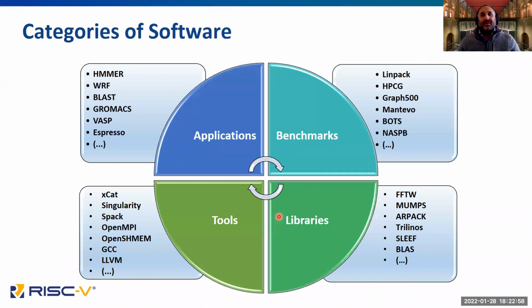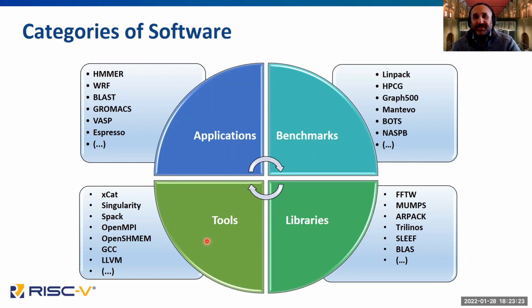We basically broke up the software into four different categories, and it made it pretty straightforward to think about. First, the libraries, things like BLAS, FFTW, MUMPS. These give me a baseline, so can I just compile those? Then we get into benchmarks, which are a little more intense but generally not as complex as actual applications.